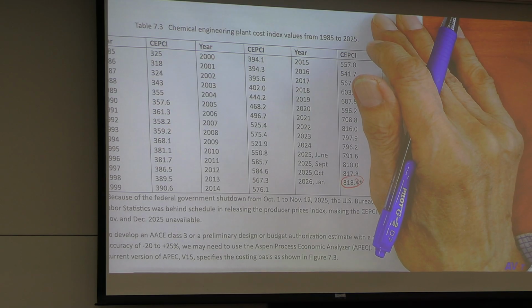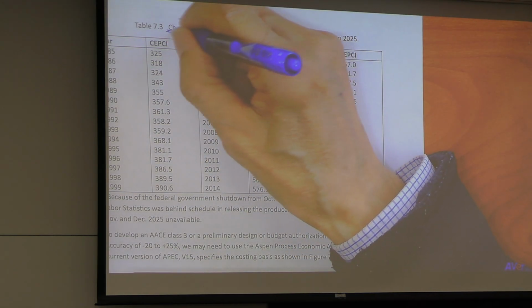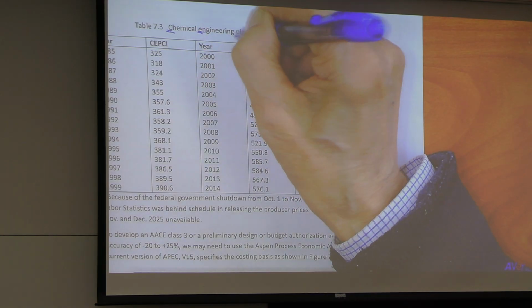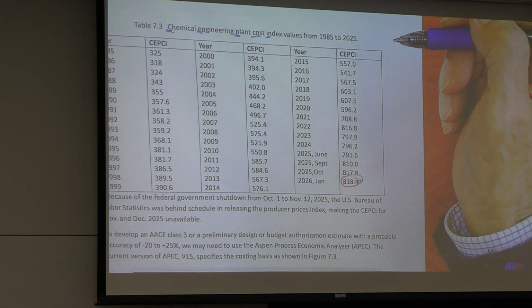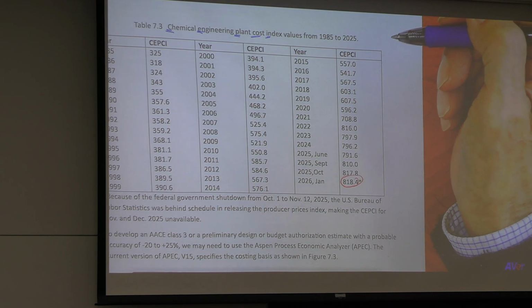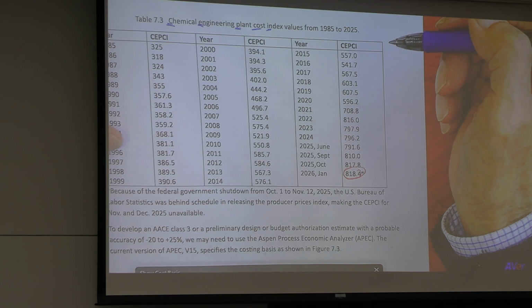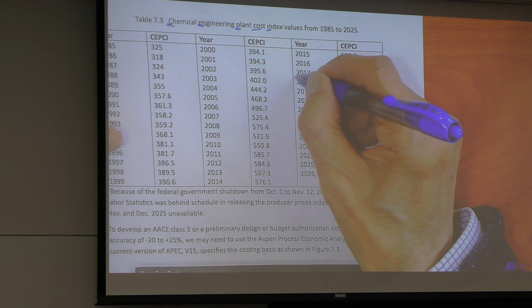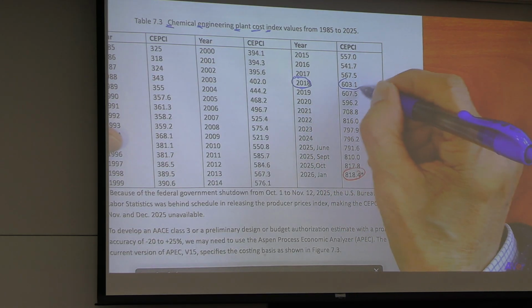Chemical Engineering Plant Cost Index, CEPCI. You look at some textbook, they said my cost correlation is based on 2018, that cost index 603.